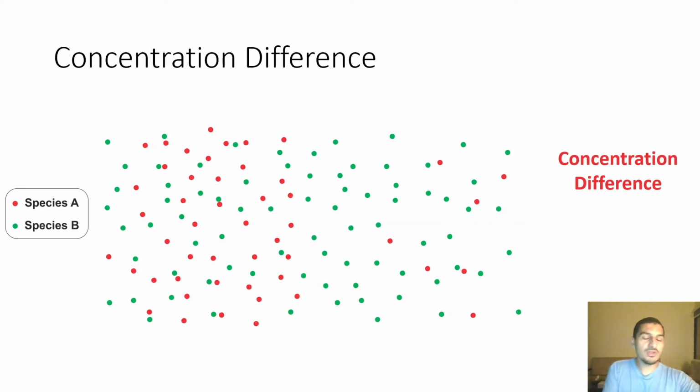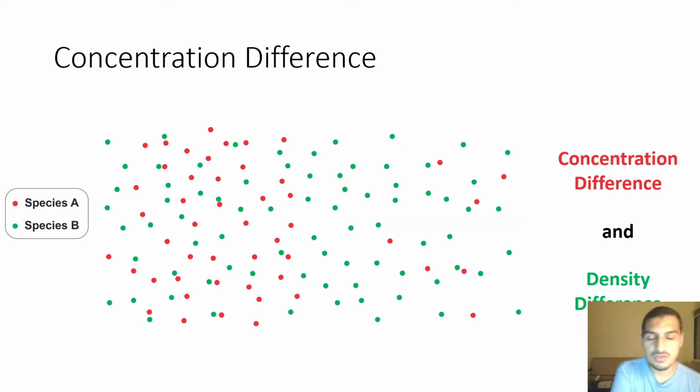And this is not all we have. The concentration difference leads to something else, which is due to the mixing of the two species here, which creates a difference in density between this place and this place. You can think of it like if you have pure water and another cup that has water and alcohol.